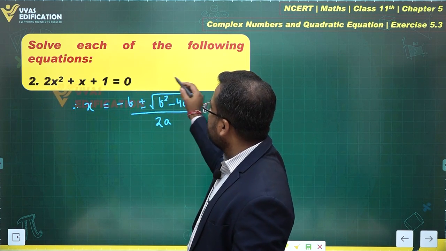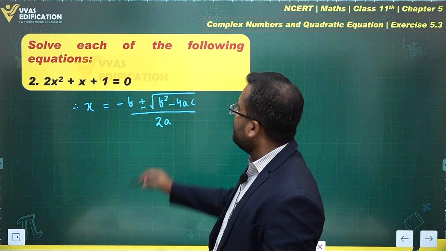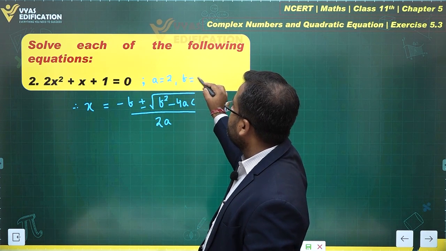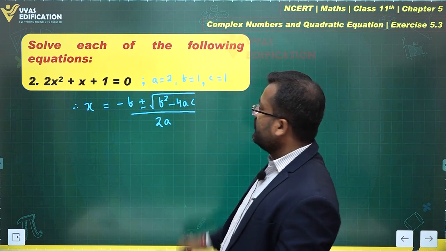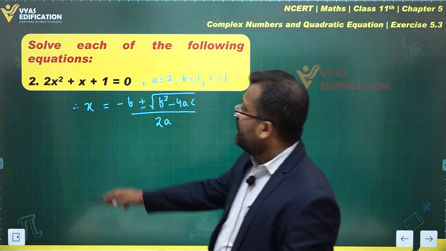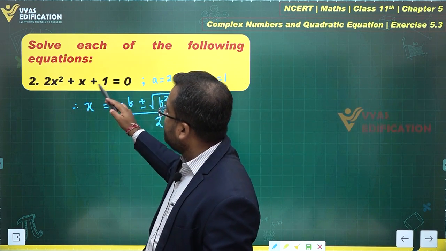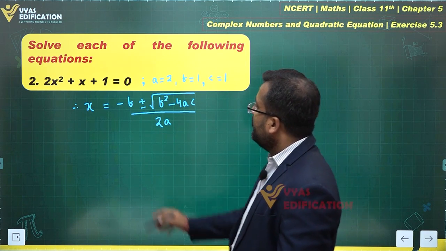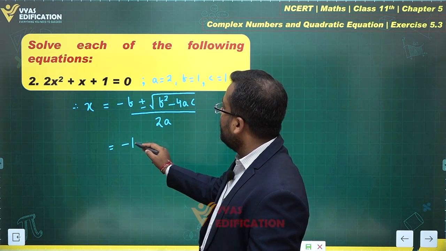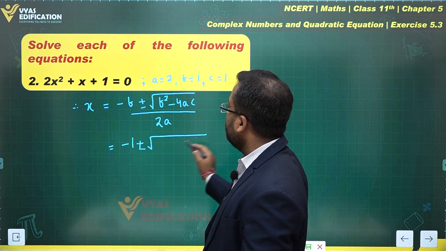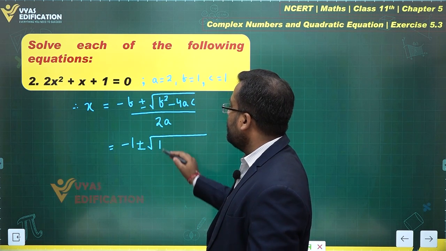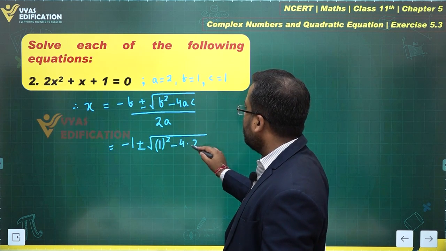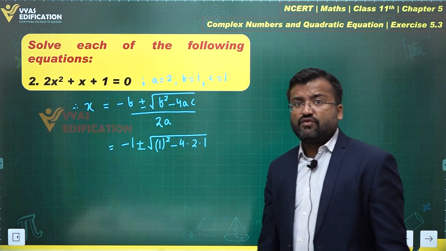In this particular case, this is equal to ax square plus bx plus c, where a equals 2, b equals 1, c equals 1. Can you observe that? Yes. This is ax square plus bx plus c. b is 1 over here, c is also 1, a is 2. So this gives me minus 1 plus minus under root of b square, which is 1 square, minus 4 into a into c.